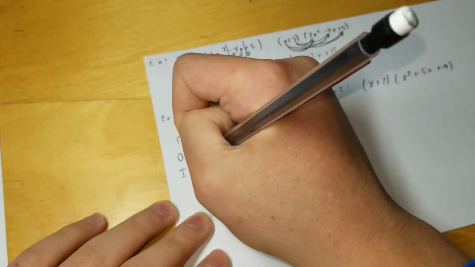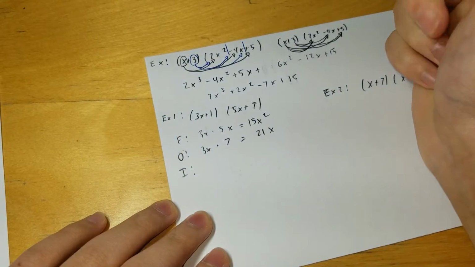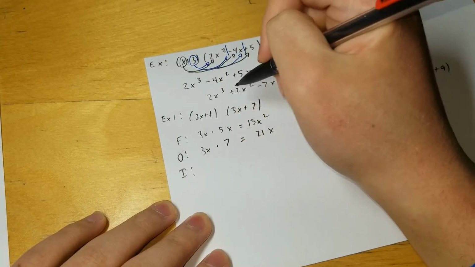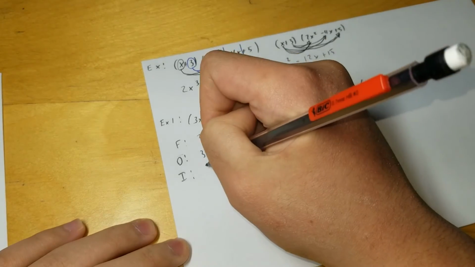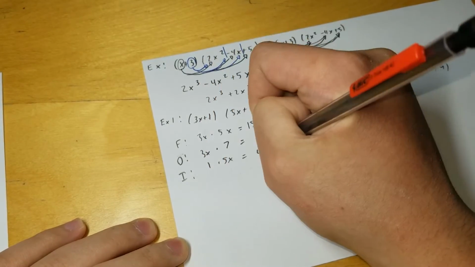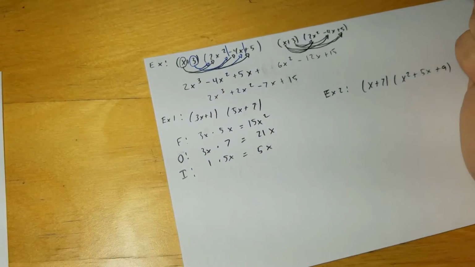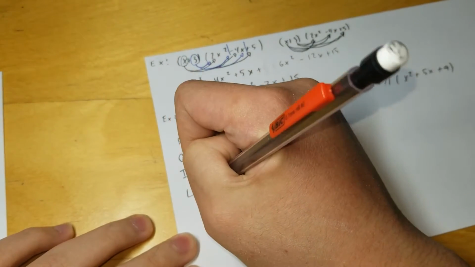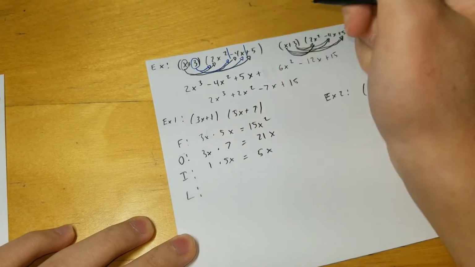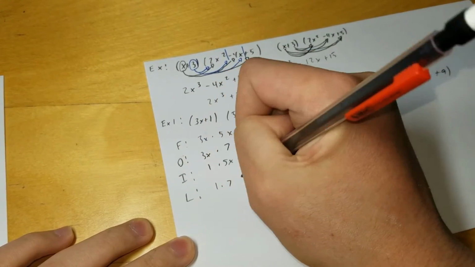And then inner terms. Inner terms would be positive 1 times 5x, which is 5x. And then the last terms, L, that would be 1 times 7. So 1 times 7 equals 7.